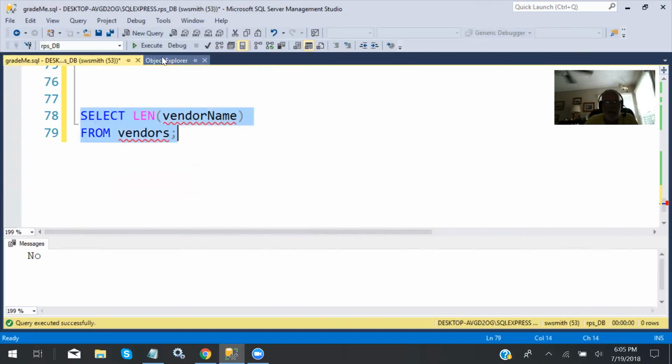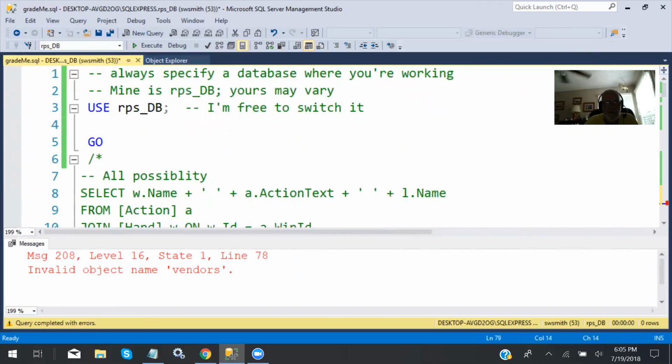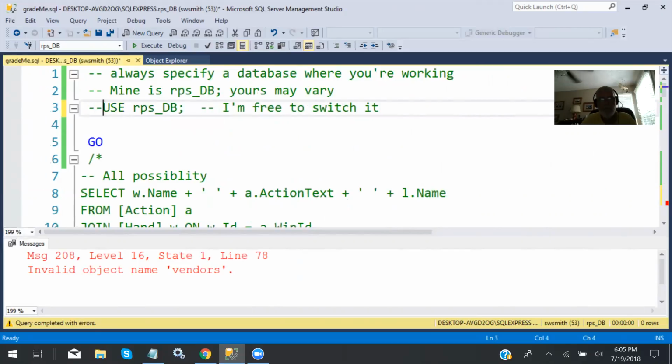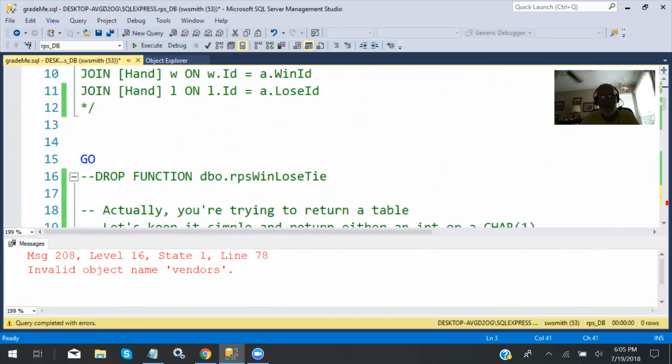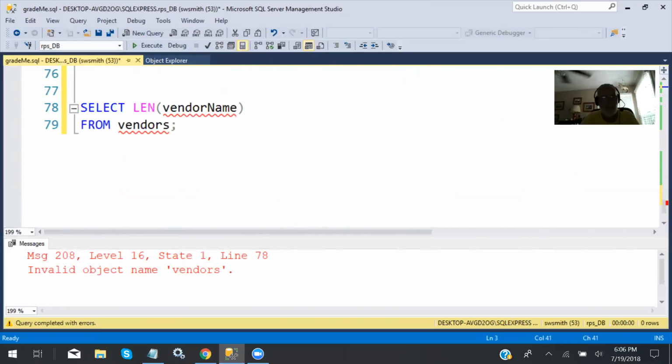I always have to select the database I'm using.